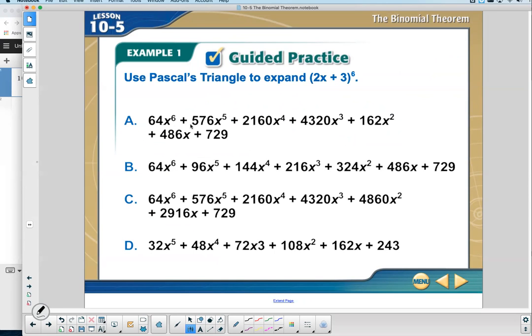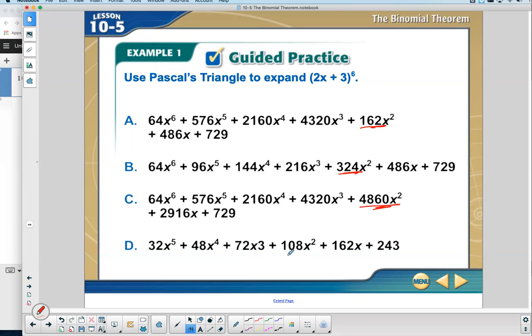We're going to pick a value, like I'm going to look at the powers, and I think last class it was the x squared term that was different on every one of them. So like on this x to the 6th, notice that a lot of these have 64 x to the 6th. So I won't be able to get my answer finding the x to the 6th term. If you look at the x squared terms for this DOL, this is a cheating way of getting an answer really fast.